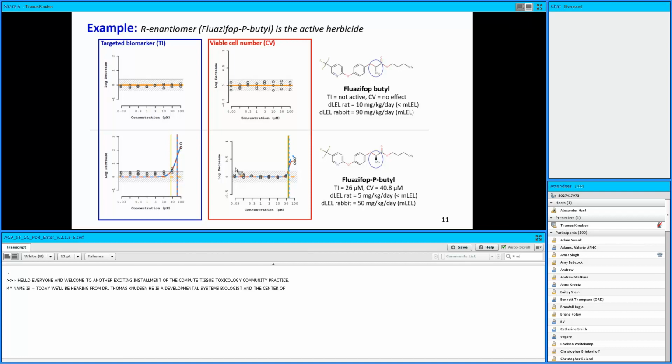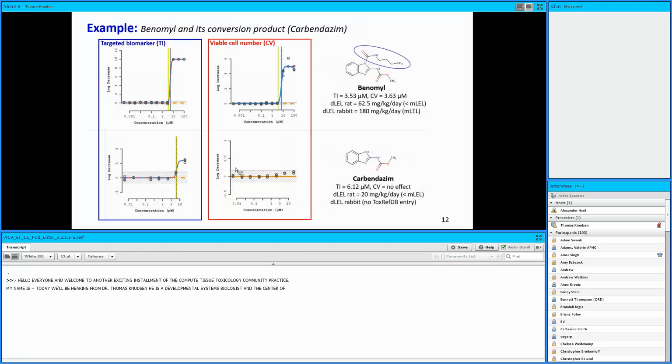The inactive form may be converted to the active form in vivo, but the stem cells are able to distinguish the 2 forms and make a prediction as to which one is likely to be a bigger developmental hazard. But then, of course, you have to look at considerations such as in vivo metabolism and what's happening to the inactive form when it's given to a pregnant mouse or a pregnant rat that's not happening when it's exposed in the culture model.